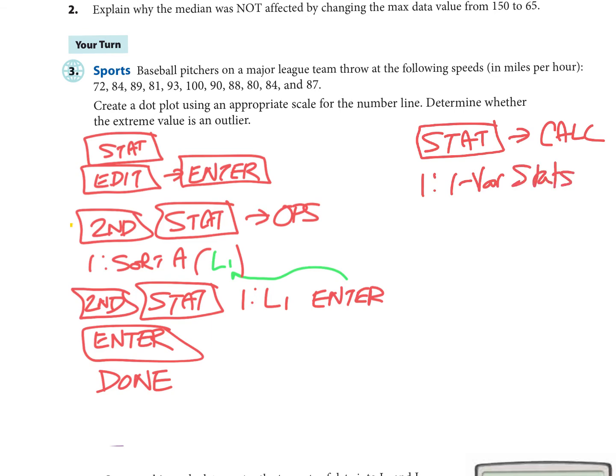And we're going to press Enter. Now when it does that, it's going to bring up this menu that says List, Frequency List, and Calculate. We're going to scroll down to Calculate and highlight it, and then we are going to press Enter.